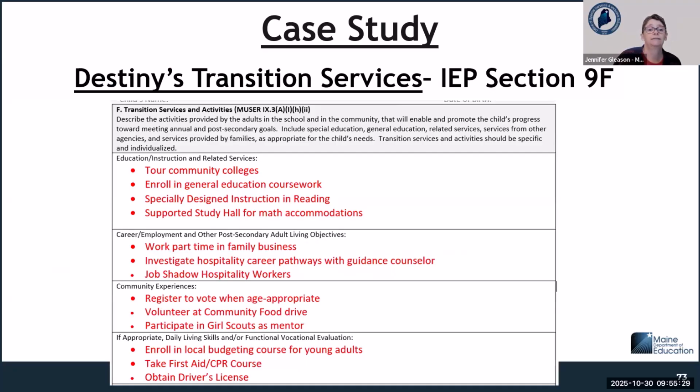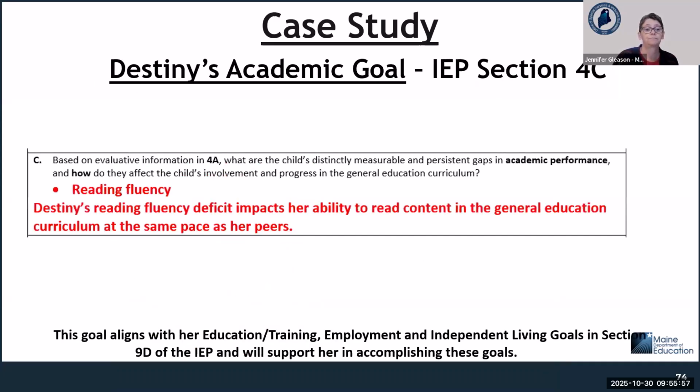She has services: job shadow hospitality workers, investigate careers, Girl Scouts, local budgeting course, first aid CPR, driver's license. So all of these things are going to help her attain her post-secondary goals.